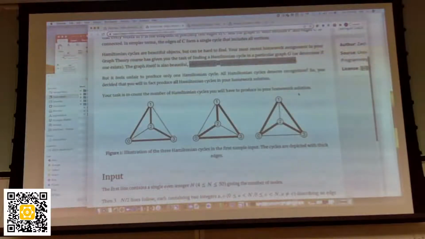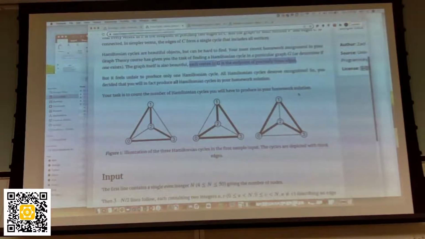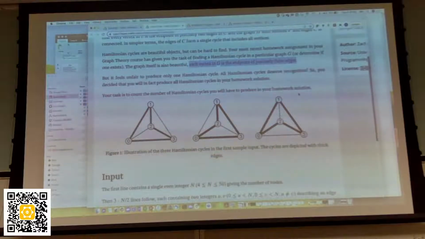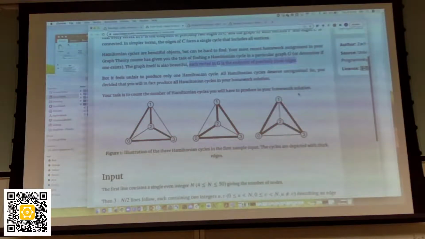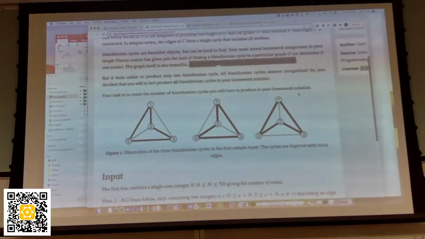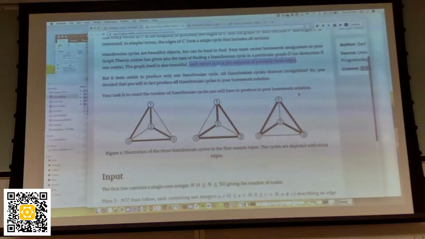So if you draw a graph with 10 vertices, that's 10 vertices. And let's just say I put in, how many neighbors does each vertex have? 2.